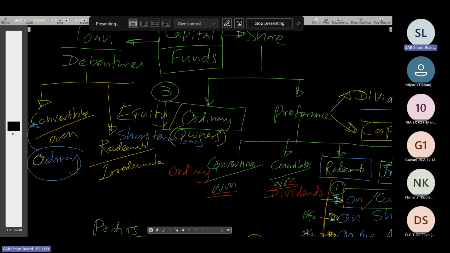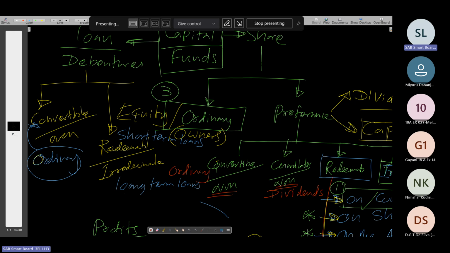They are repaid after a long period of time, or in the event of liquidation. So that is known as irredeemable, long-term loan. That is the meaning of redeemable and irredeemable debentures.